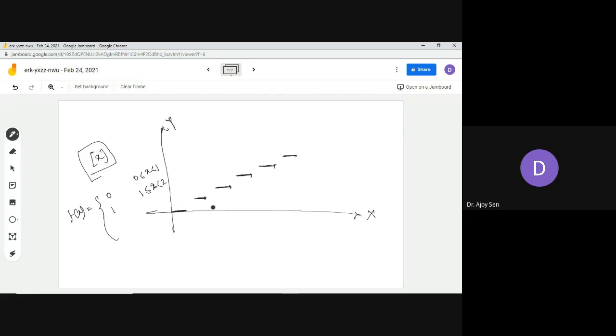So this is the function, and you see this function obviously has discontinuity. Where? At these junctions. They are all discontinuous. But the function is continuous at the interior points.